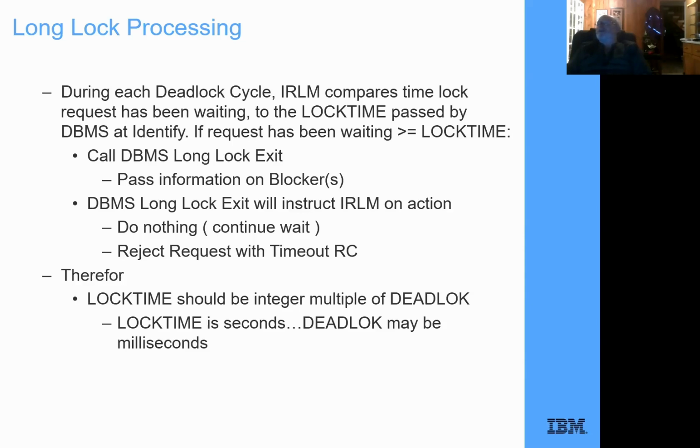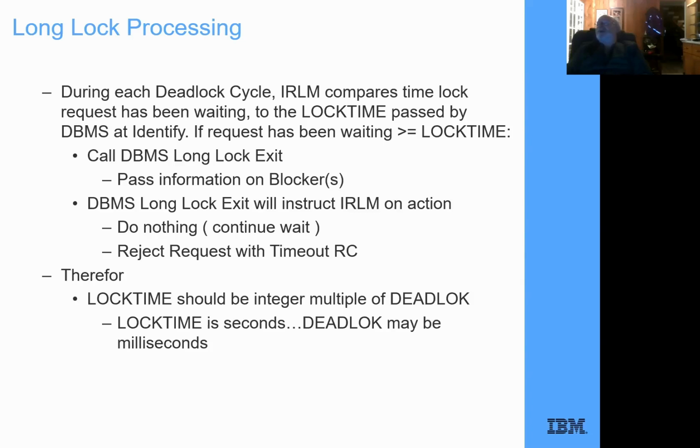The options there are to do nothing, which means continue the wait, or you can tell IRLM to reject a request with the timeout return code. So the implication of that is your lock time value should be an integer multiple of your deadlock value, right?